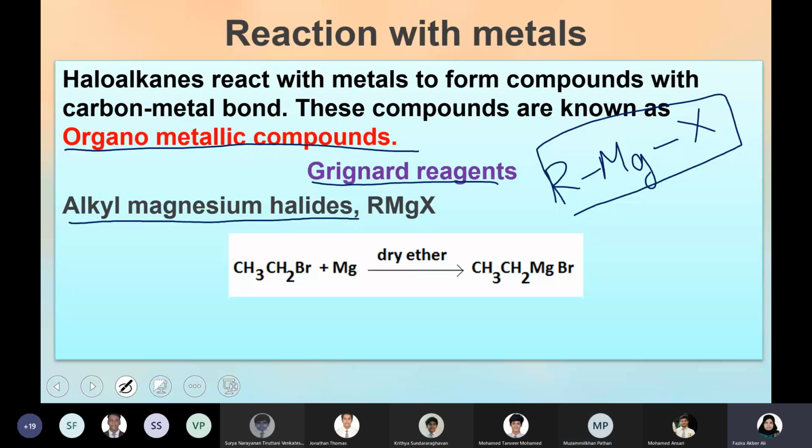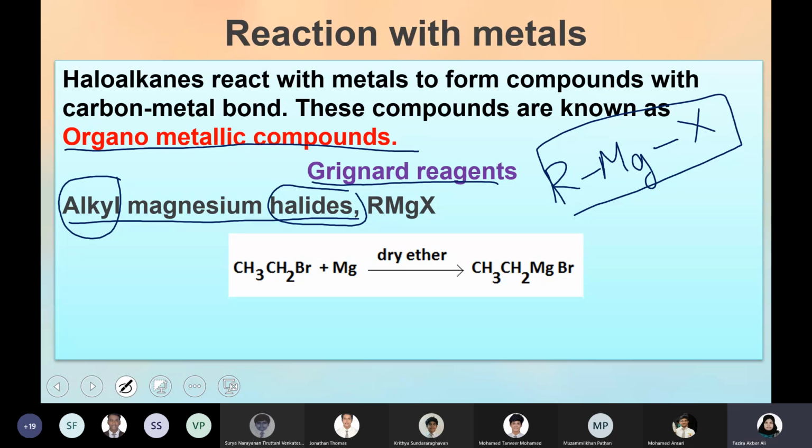So the general name for Grignard reagent is alkyl magnesium halide. Alkyl can be anything, methyl, ethyl, propyl, butyl, and halogen can also be chlorine, bromine, iodine, fluoride, etc. Magnesium will be fixed. So in Grignard reagent, the metal we use is magnesium.